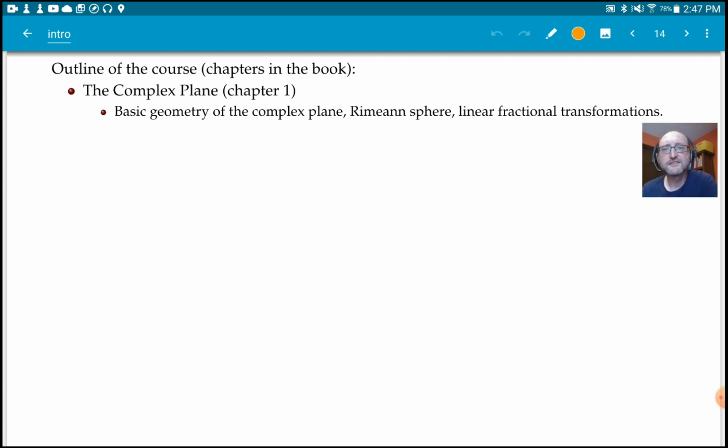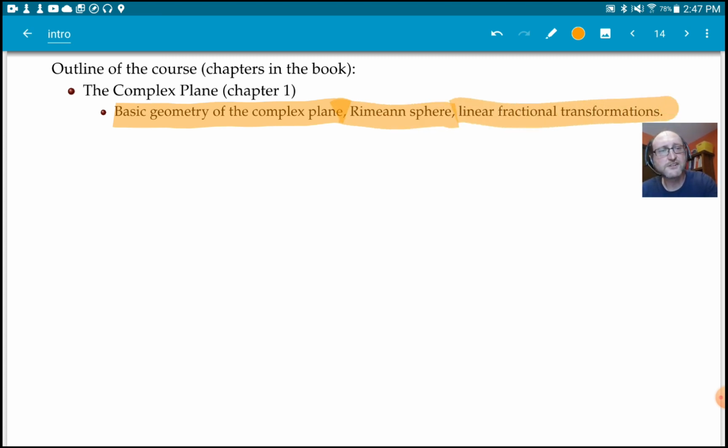So with chapter 1, we're going to cover basically the basic geometry of the complex plane, topology, limits, the field structure and all that, right? All the basics, the Riemann sphere, the linear fractional transformations.